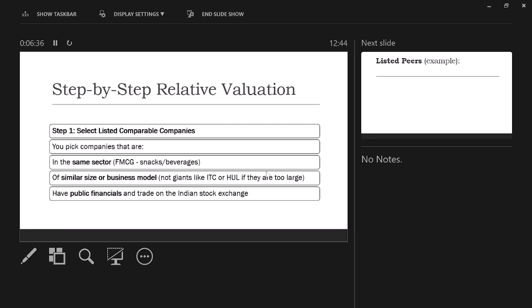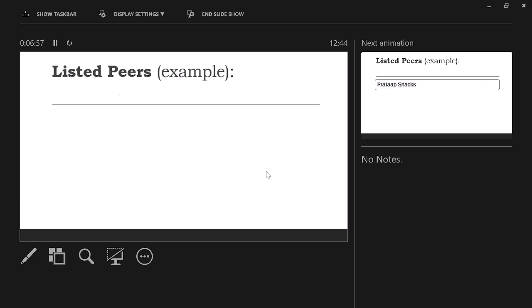Not a company like ITC or HUL because they're too large. They have public financials and trade on the Indian stock exchange.